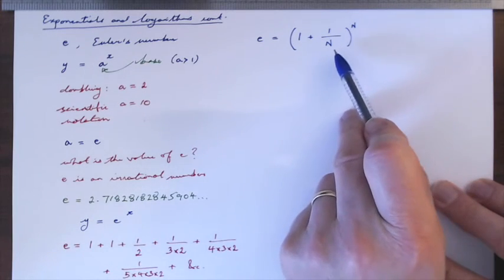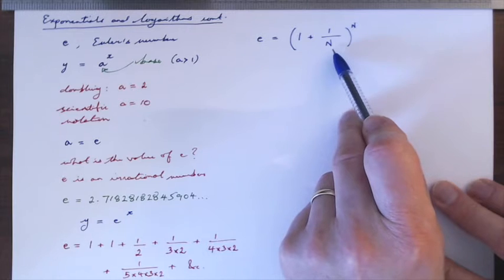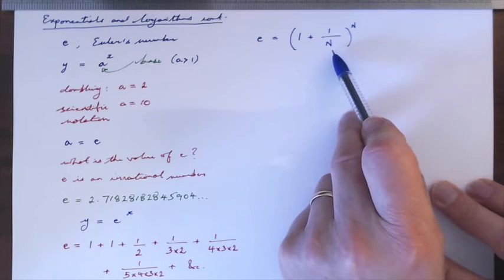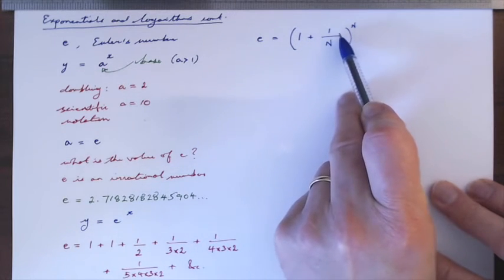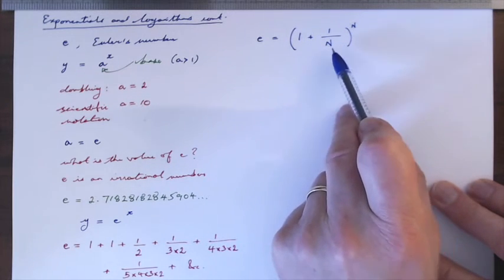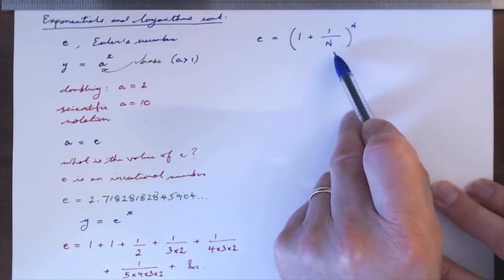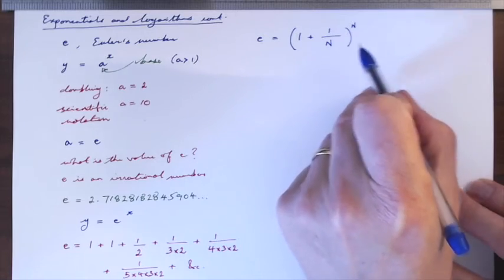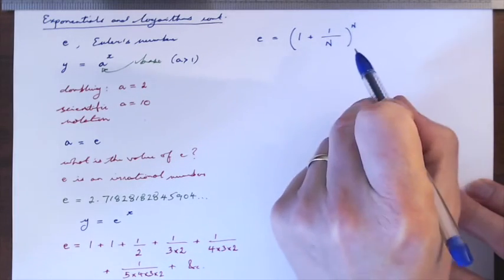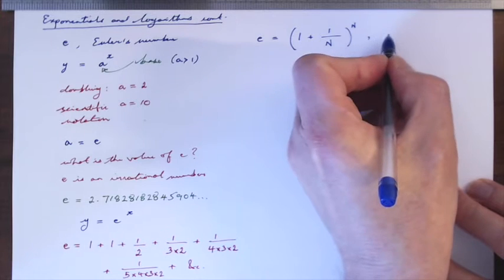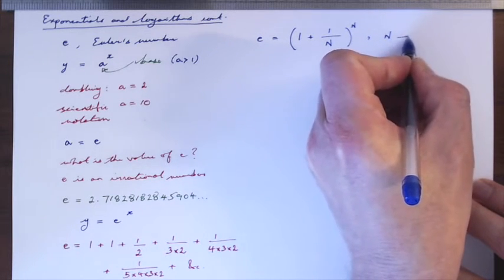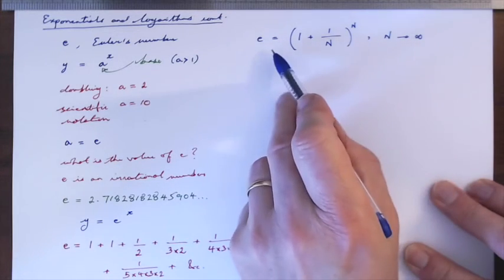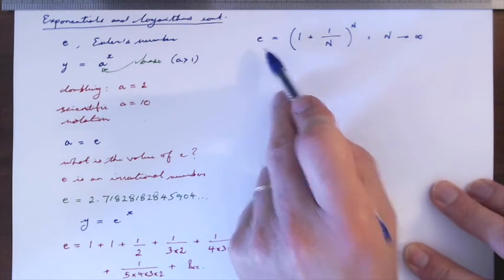So in other words, you choose a very large number, let's say 100 or 1,000 or 1,000,000, take 1 over that, add it to 1, and then you multiply this number by itself n times. If you do that for very large numbers that ultimately tend to infinity, so essentially if you make that very large number become arbitrarily large, you will end up with exactly the number e.